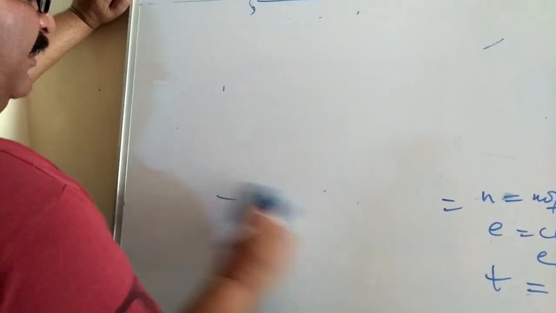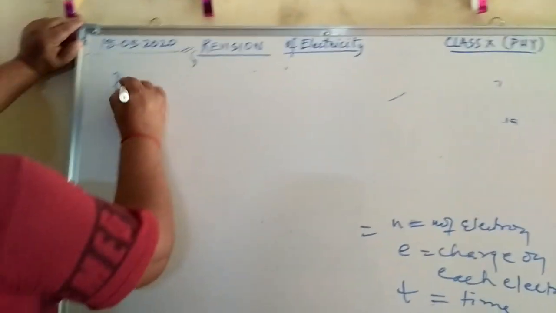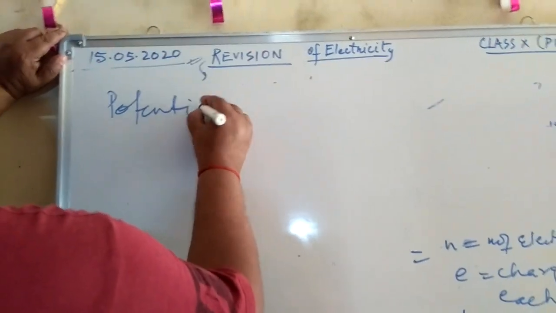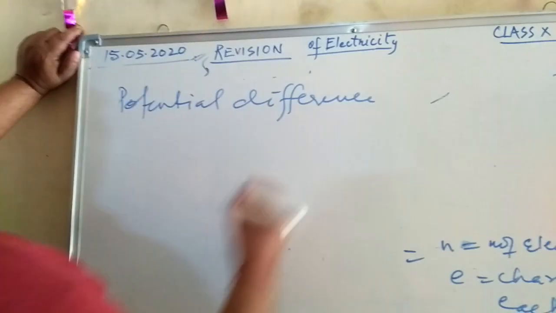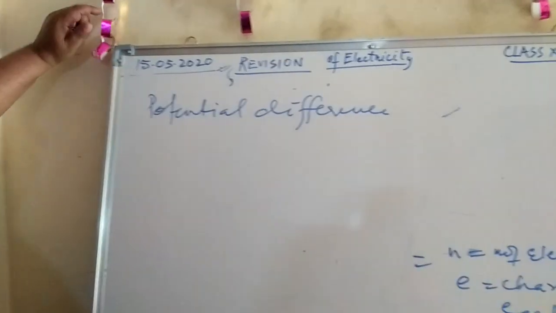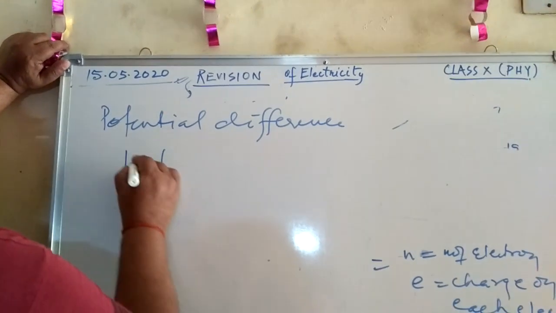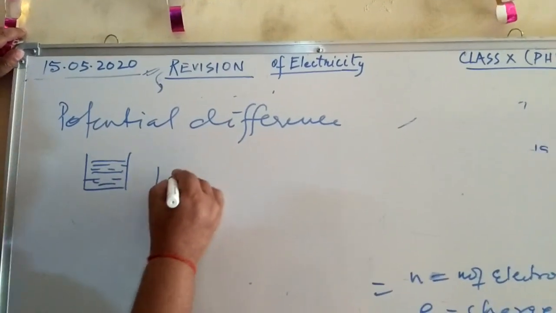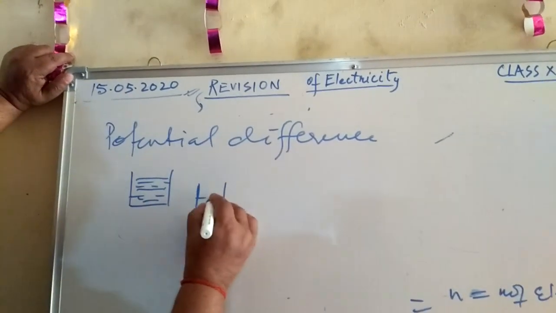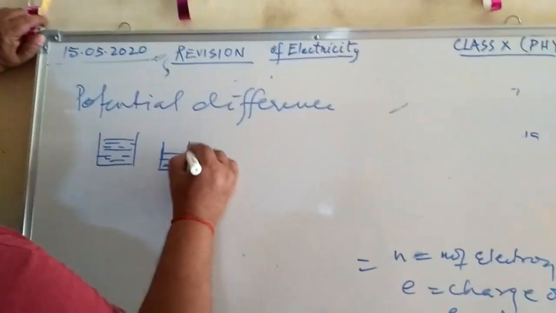Now we come to a very important term, potential difference or electric potential. Suppose there are two tanks, one full of water and another empty.